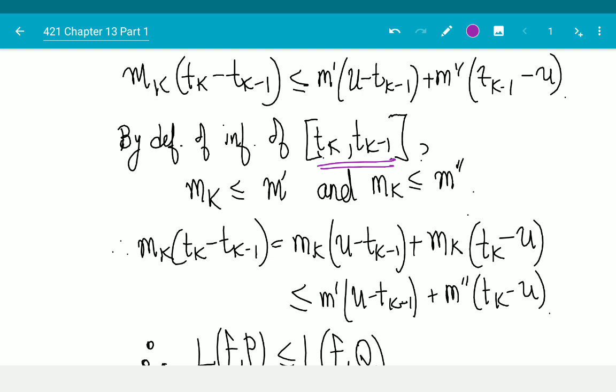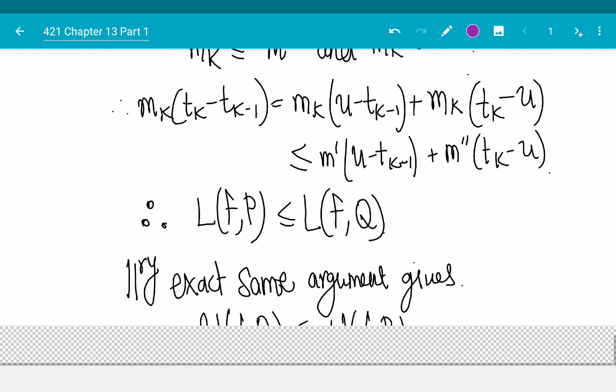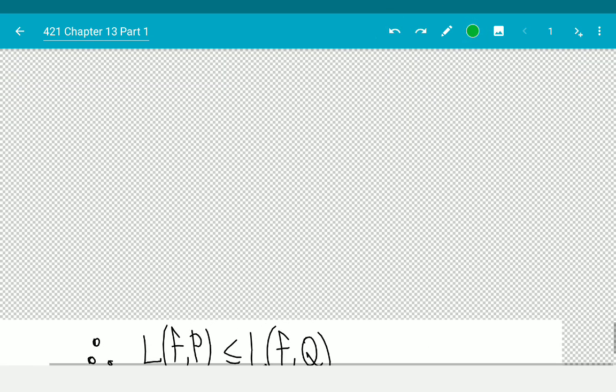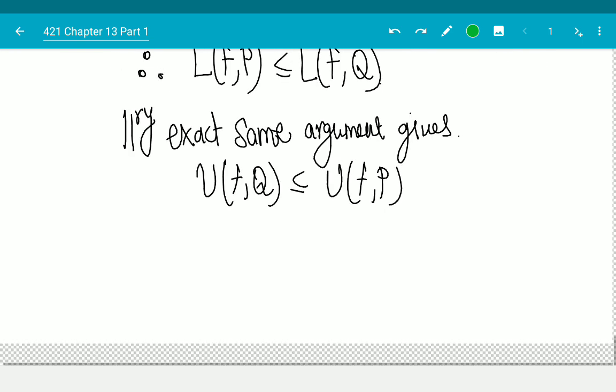So the supremum over U to Tk minus 1 and over U to Tk has to be smaller than or equal to the supremum over Tk minus 1 to Tk, right? And so I would get the other way around. That's done.